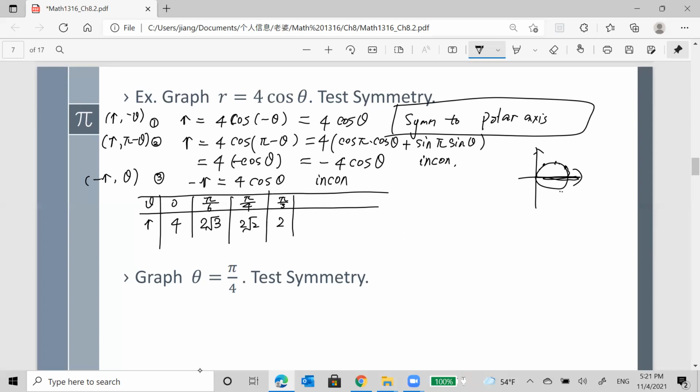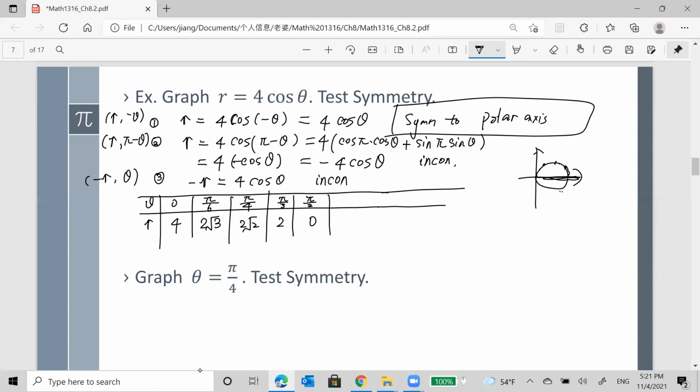Continuing, we can plug in pi over 2. Cosine pi over 2, cosine 90 degrees, is 0, so 4 times 0 is 0. Is that right? Yes. I can continue to plot points, but it's not necessary because it's symmetric to the polar axis.